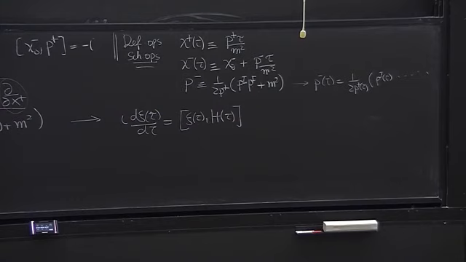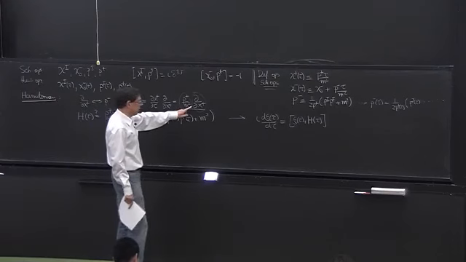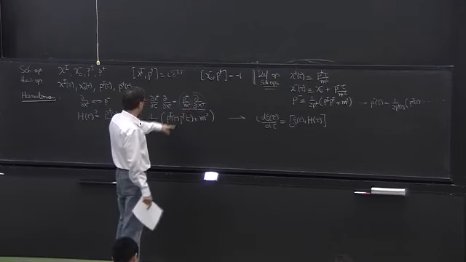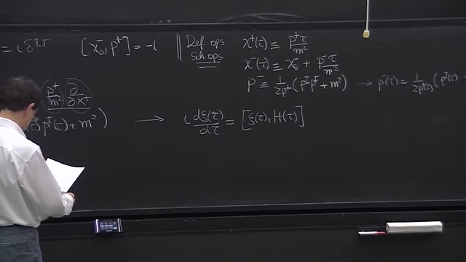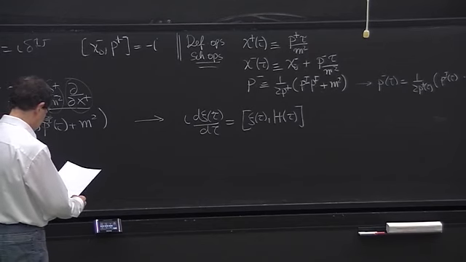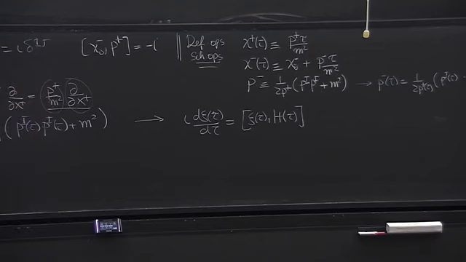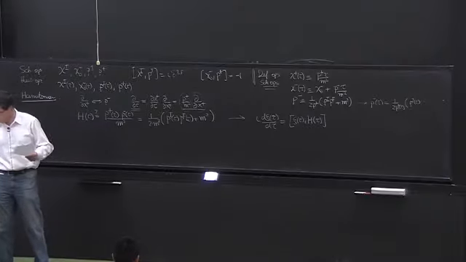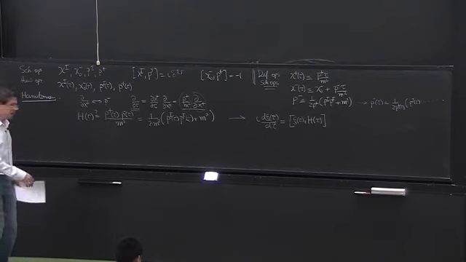Yes, John. M squared here. 2m squared. Here must be m squared. And I hope I don't, yeah, it's m squared. I'm just making a typo.